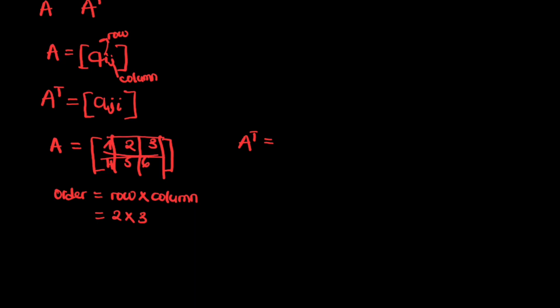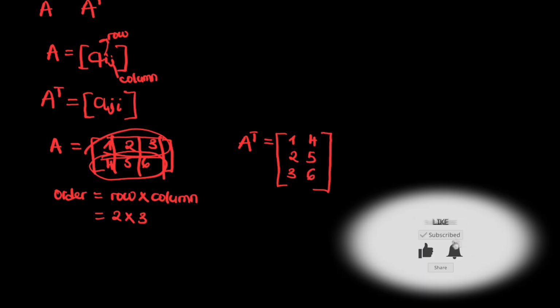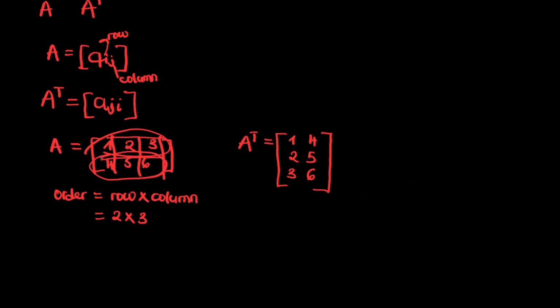So we have 1, 2, and 3. And then this second row, 4, 5, 6, becomes the second column of our transpose matrix. So that is 4, 5, and 6. That is the transpose of this matrix.